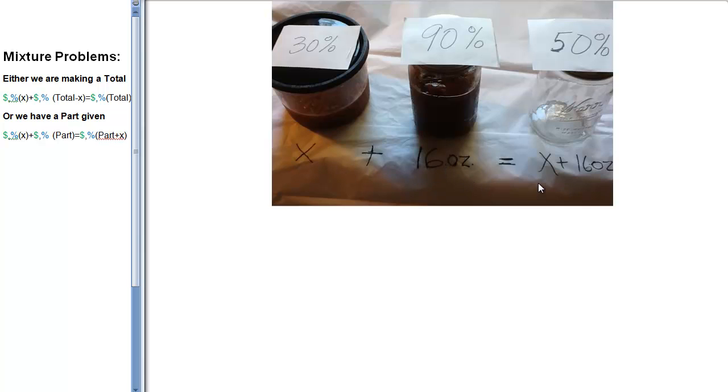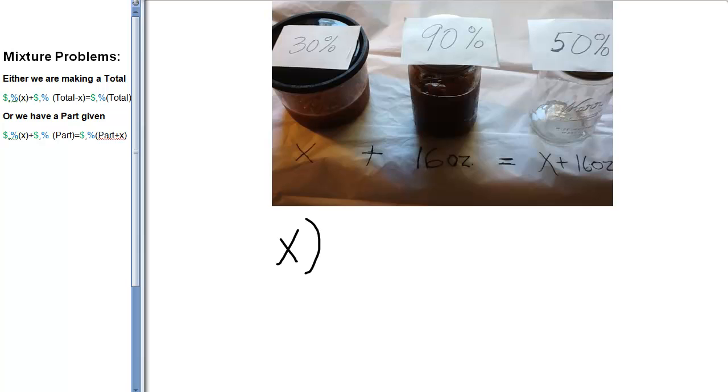That means that our total that we will make must be this X, the amount of the 30% salsa, plus the 16 ounces. Notice that we're following again the other scenario of a mixture problem where we have a part given.